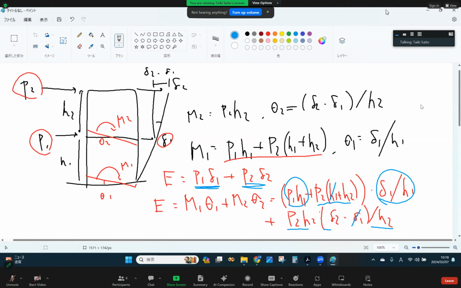No, maybe this remains: P2, H2, delta 1 divided by H1. So this part I cannot cancel.